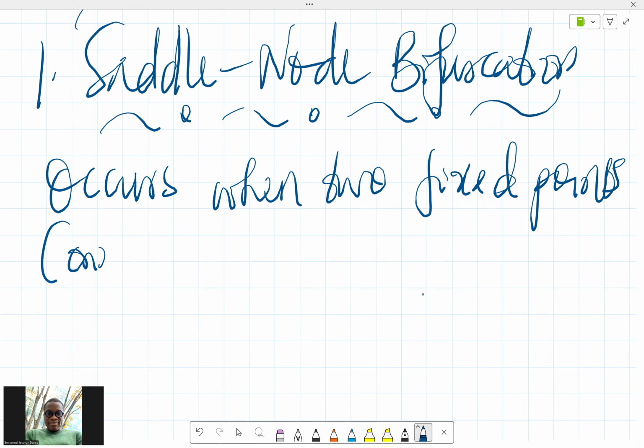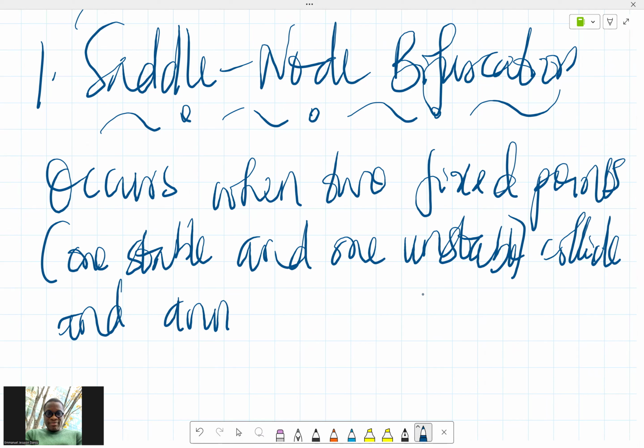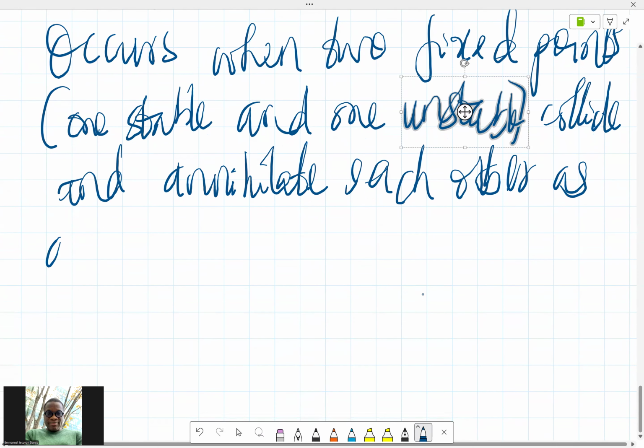Saddle node bifurcation occurs when two fixed points, one stable and one unstable, collide and annihilate each other as a parameter is varied.